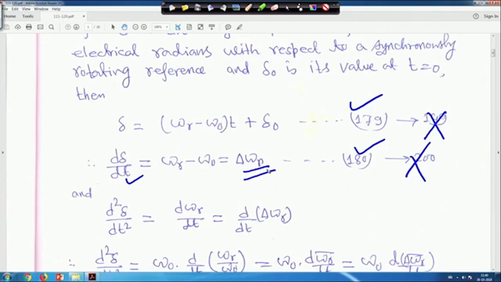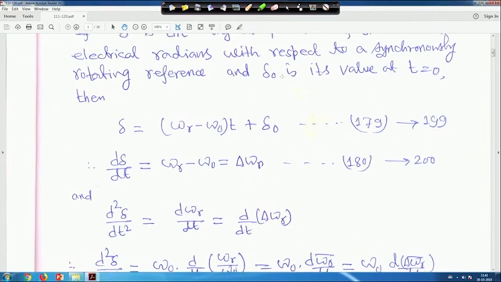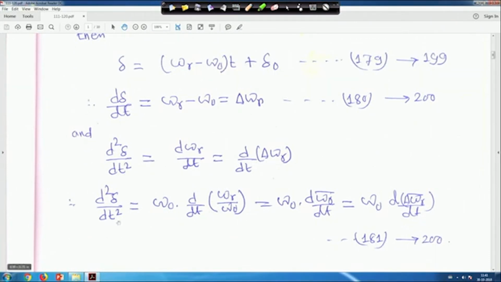If you take the double derivative of it, then d square delta by dt square is equal to d omega_r by dt, which is d/dt of delta omega_r. Therefore, d square delta by dt square is equal to omega_0 into d/dt of omega_r, multiplying numerator and denominator by omega_0. So, we write omega_0 d/dt of omega_r by omega_0, which is omega_0 d/dt of omega_r bar, because these are now per unit values.